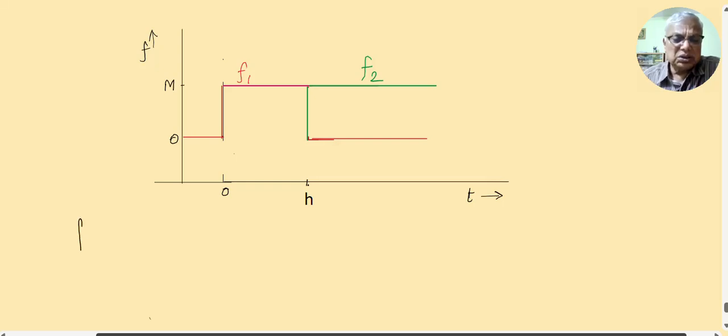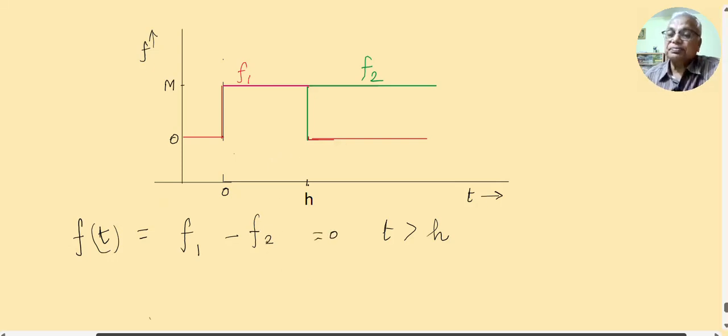Our value is 0. For t greater than h, we need to get this value 0. So what will be that? That will be simply f1 minus f2, right? So f1 minus f2 for the period t greater than h is going to give me the required value 0.